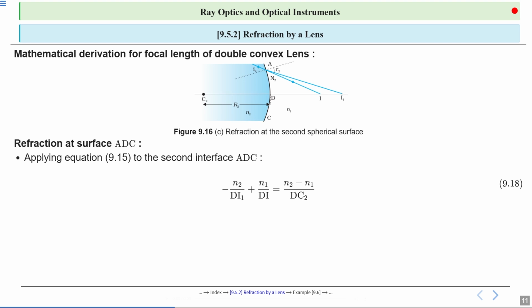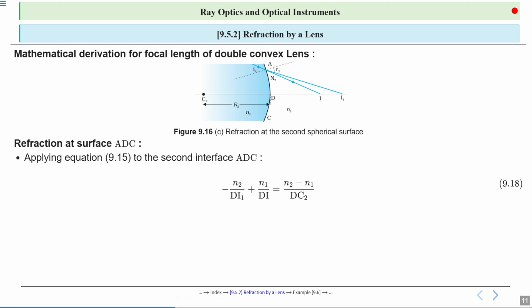So what is the object distance? This is coming from the denser medium, but the exact location is not there. If we extend this, it meets at I1. So the virtual object distance is di1, but actually it is coming from the denser medium. That's why N2 upon di1, and a negative sign is there. Why is the negative sign there? Because the object is virtual here.